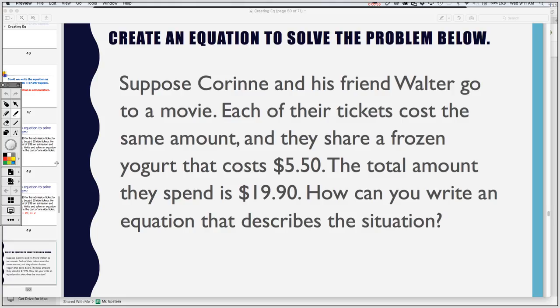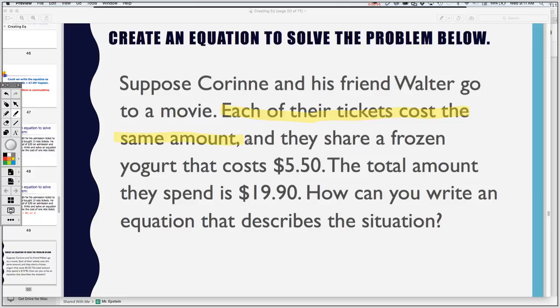How can you write an equation that describes the situation? Let's first hint a little bit on how to solve this. Remember, we break up the sentences as equations. What's the first sentence you run into that's an actual thing to make an equation? What do you think, guys? Each, okay, so this is the first one: each of their tickets costs the same amount.